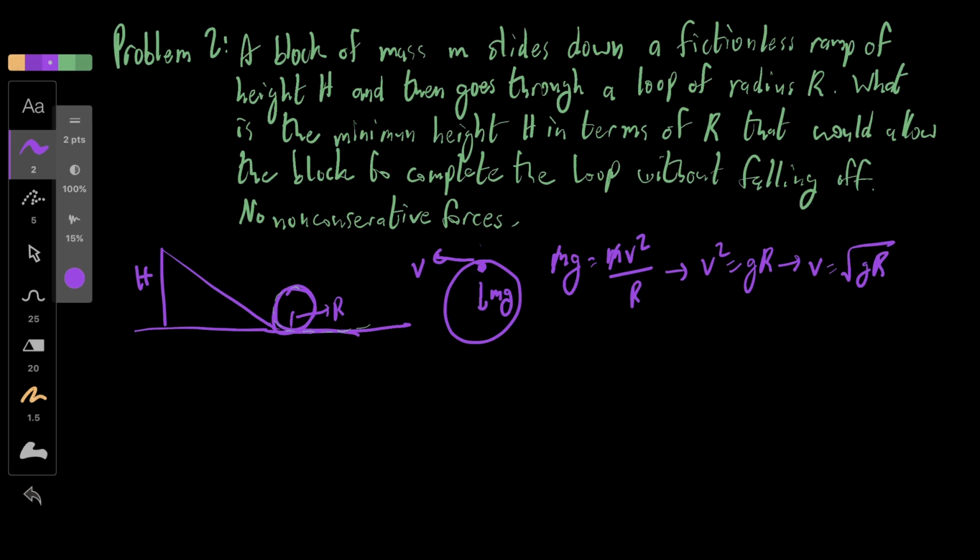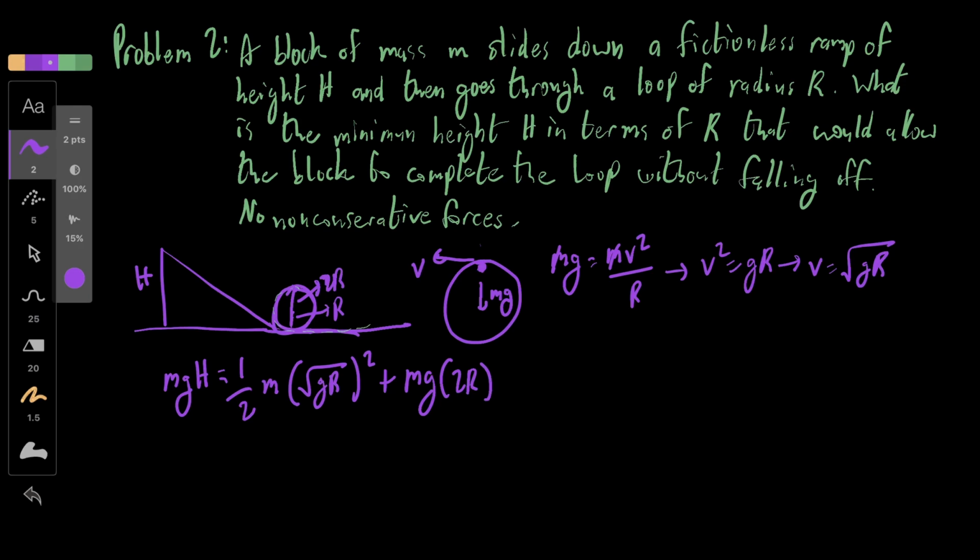Since it starts from rest at the top, which also should be assumed, we have mgh equal to what we have at the top of the loop: at the minimum speed, it's going to be 1/2 of mass times our minimum speed, square root of gr squared, plus, since the top of the loop is the hardest place to pass, that height is going to be 2r, so the potential energy will be mg 2r.